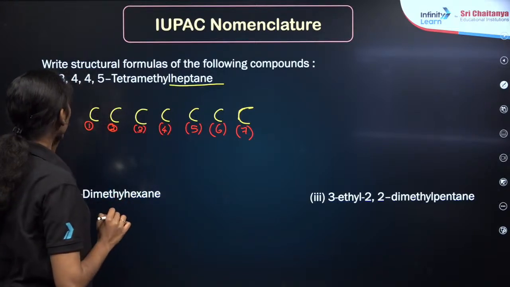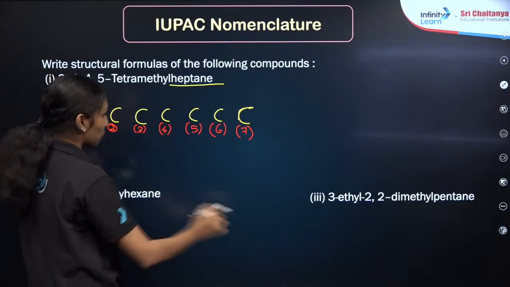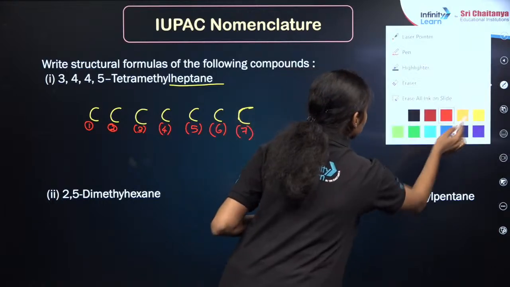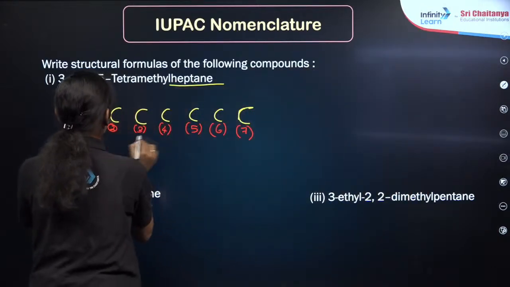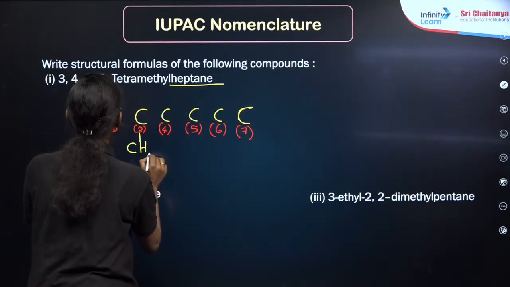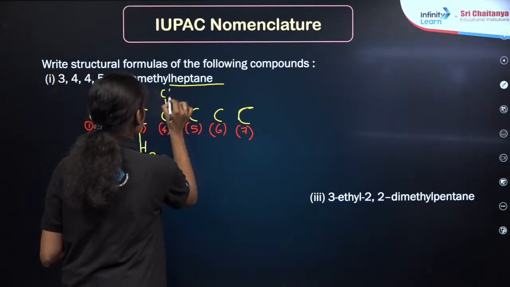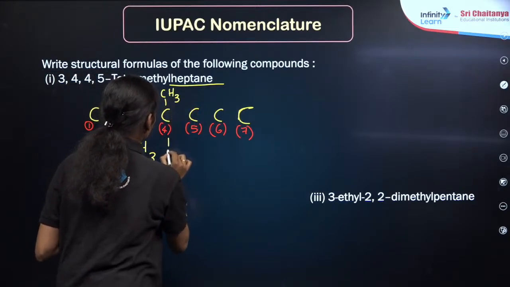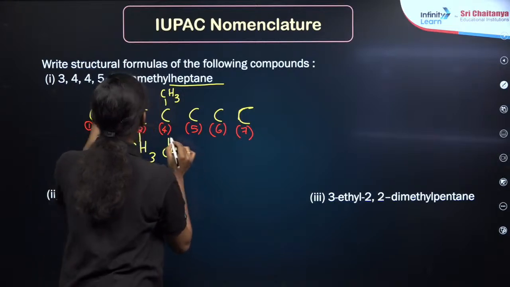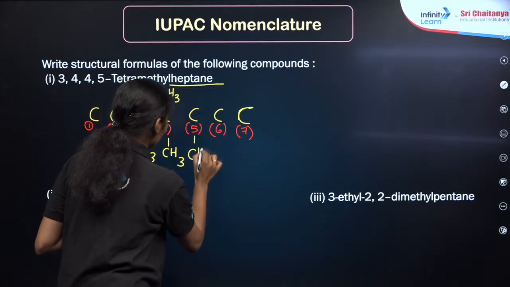So in the third position, there will be a CH3 group. So here will be CH3. In the fourth position there will be 2 methyl groups, so I will take it as CH3. Again in the fifth position there is another CH3 group.